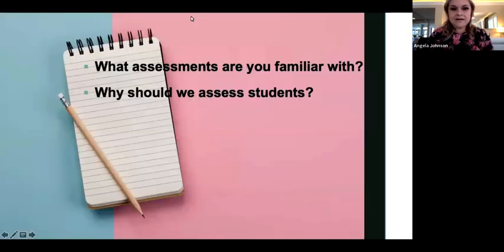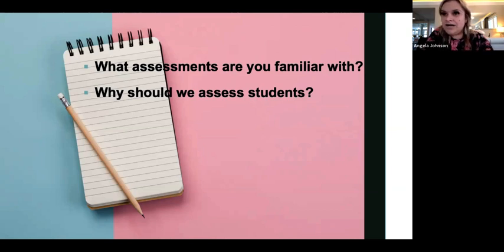All right, so question for you. Now moving on. On your paper, jot down the answers to those 2 questions. What assessments are you familiar with? Could be for any age, from preschool, toddler age, to elementary school, middle school, high school.